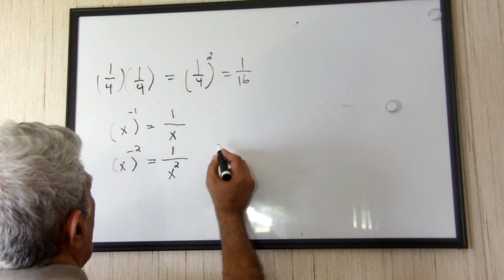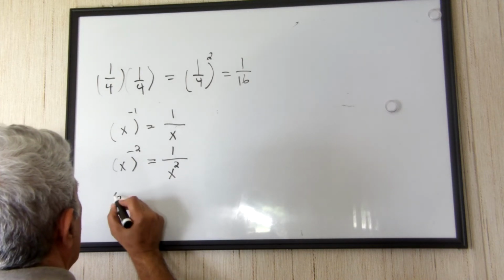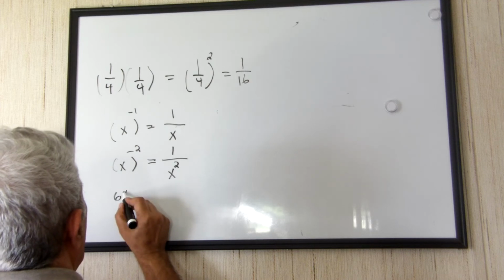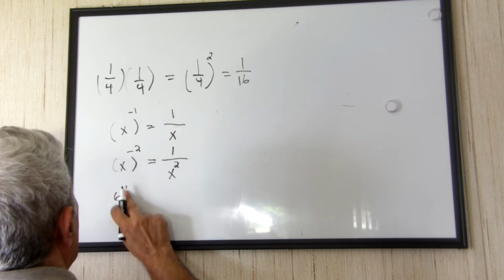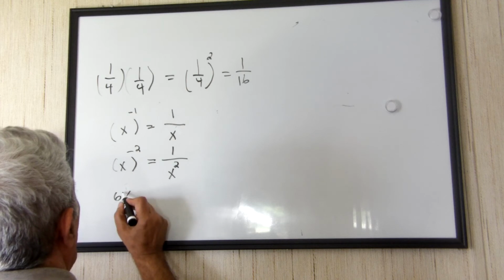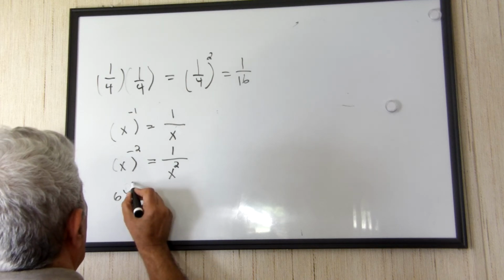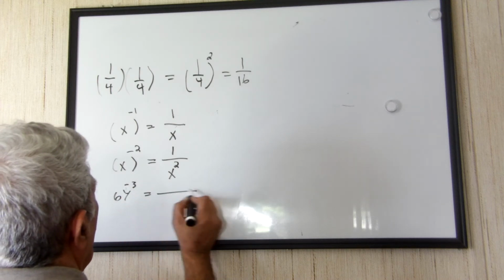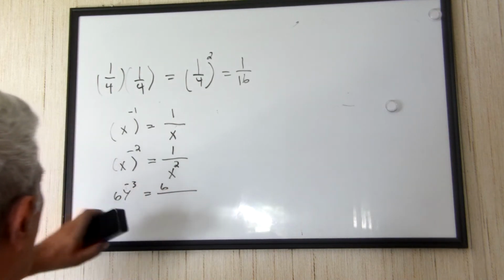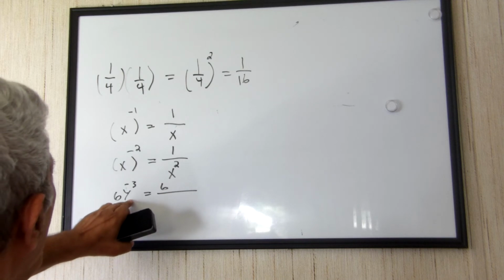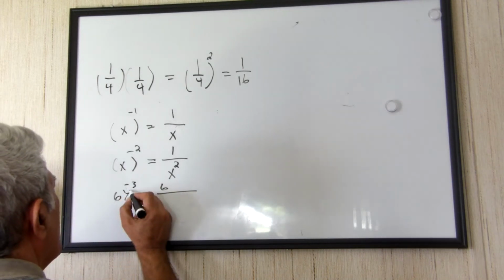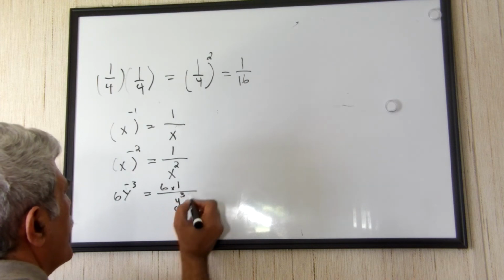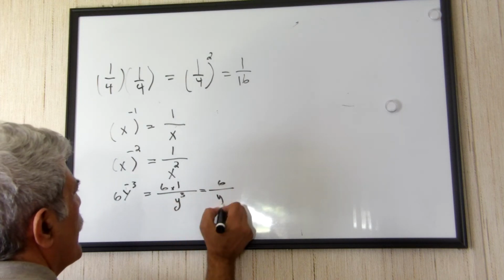If you have 6 y to the power of minus 3, what is that? We write the 6 with a 1 there. Y to the power of minus 3 is y to the power of 3 in the denominator, so it is actually 6 over y cubed.